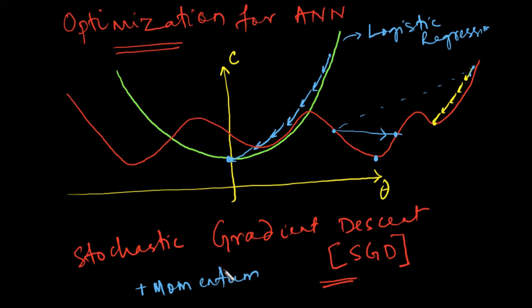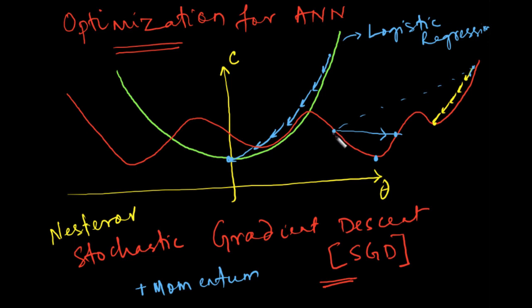So for that, there is a variation that is used, which is called Nesterov SGD. So what is Nesterov SGD? In Nesterov SGD, what you do is that you estimate the gradient of your future value. So let's say you are currently over here, and using the momentum term, you are going to take a jump over here.